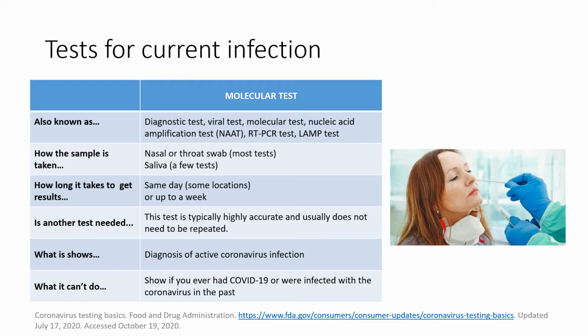As mentioned, these tests are diagnostic, so a positive result can mean an active coronavirus infection. However, since the test is looking for viral genetic material, it can't tell if a person has been previously infected by coronavirus.